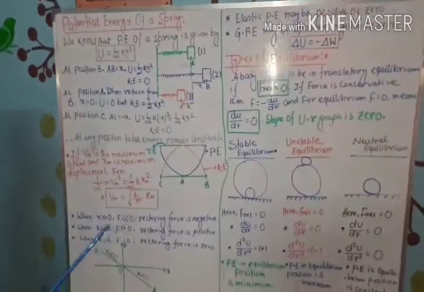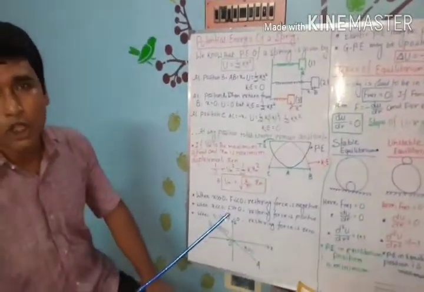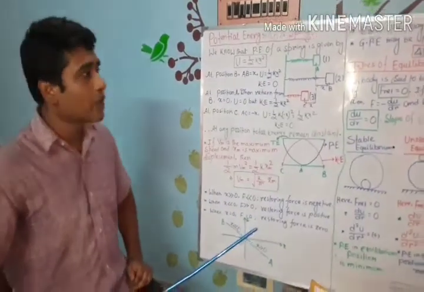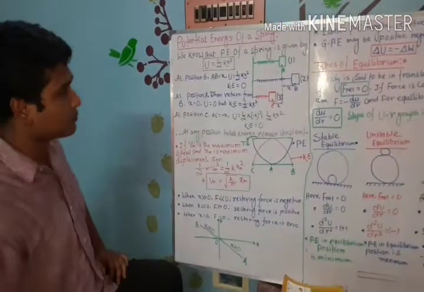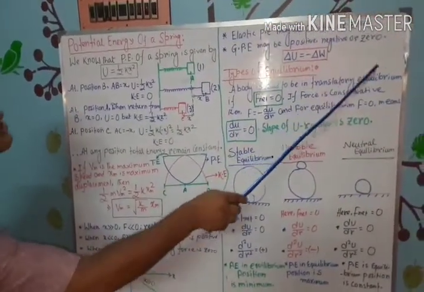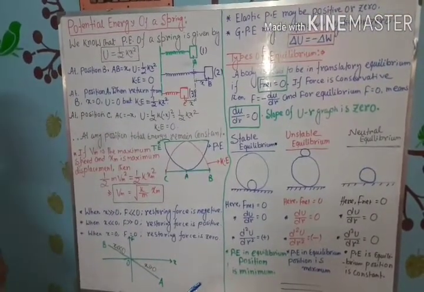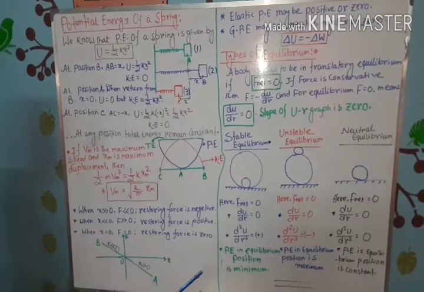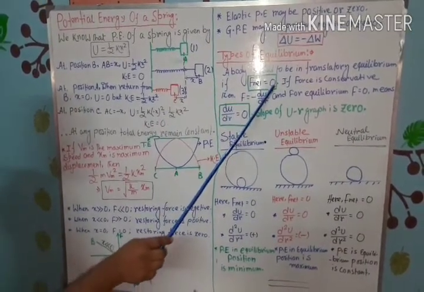After knowing this concept, student, you have to know a very important concept known as equilibrium. A body is said to be in translatory equilibrium if the net external force acting on the body is 0. That's why I write F net is equal to 0.